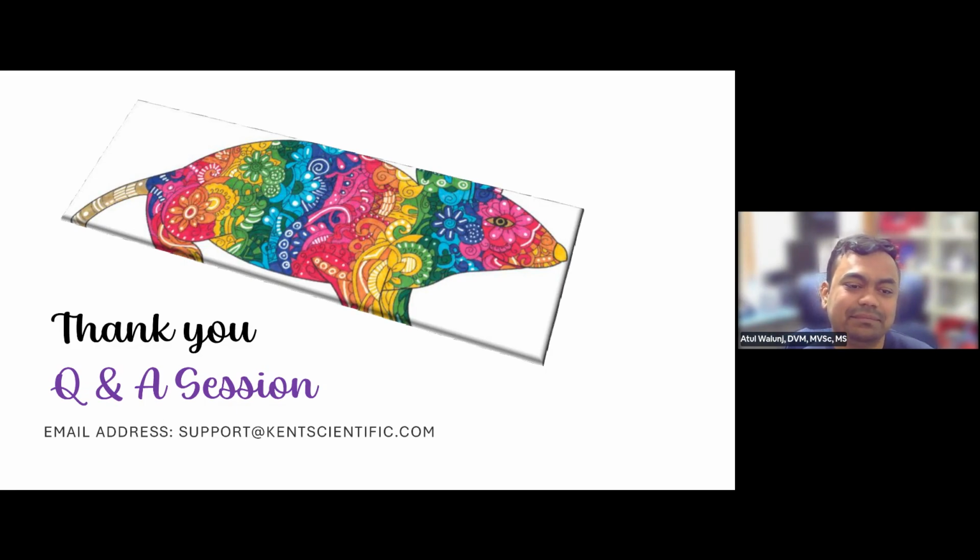Our first question for today: would you expand on the comment about far infrared warming not being suitable for diabetic animals? Yes, so there has been research done on diabetic neuropathy.